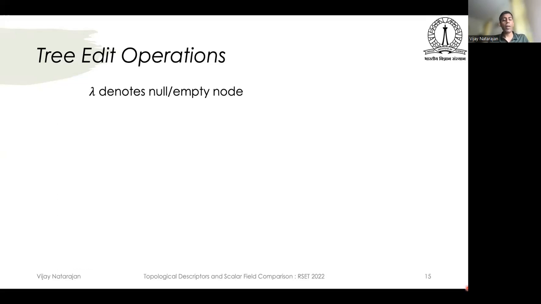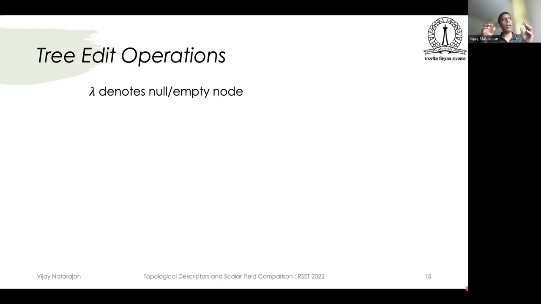Okay. So one of the fundamental ideas behind the design of this distance measure is an edit operation. Given two merge trees, we want to design a distance measure between the two trees by talking about how you can transform one tree into another.